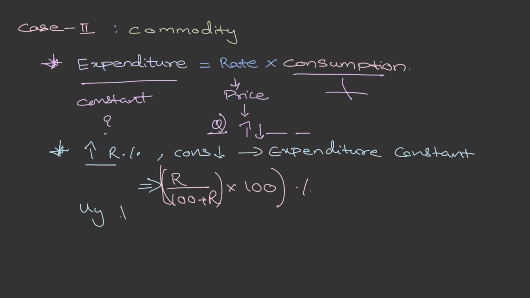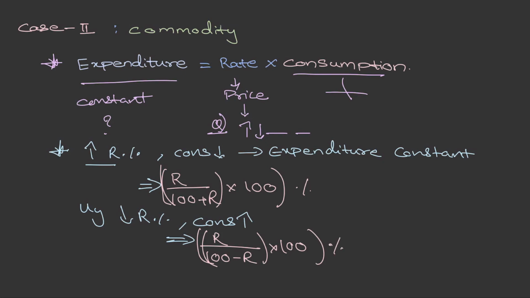Similarly, if there is a decrease in price by R%, then there must be an increase in consumption. So this is given by the formula R by 100 minus R into 100%. Let's see a problem related to this.